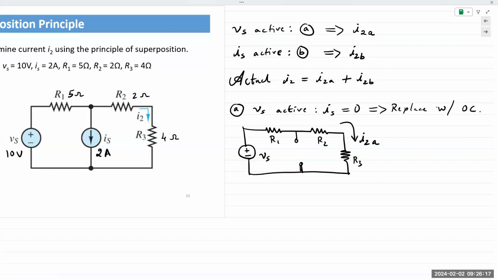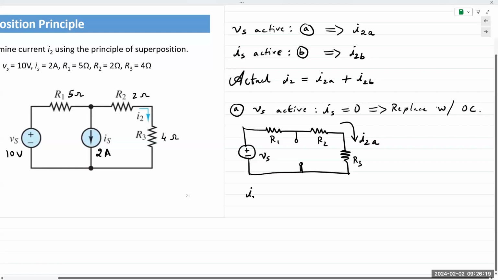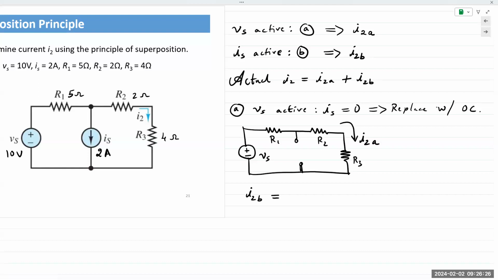I can write I2B, simply apply Ohm's law, V equals IR, I equals V over R. And so I2B is Vs over Req, the total equivalent resistance, which would be Vs over R1 plus R2 plus R3.